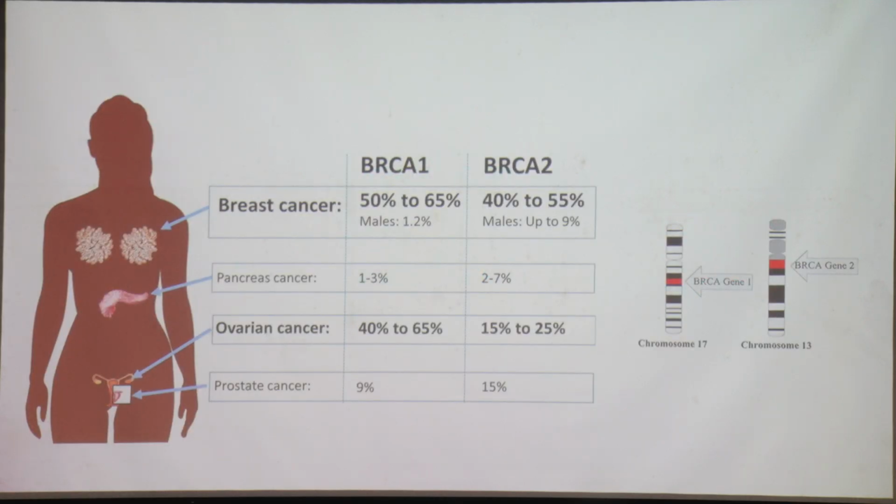Just to give you an idea, in breast cancer, 50 to 60% of breast tumors have BRCA1 deficiency and 40 to 55% have BRCA2 deficiency. Males have very little deficiency of BRCA1 in breast cancer. Pancreatic cancer is 1 to 3%, both male and female. Ovarian cancer has a huge percentage, and prostate cancer also has some percentage.